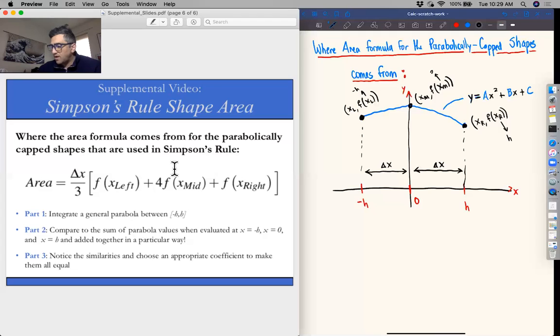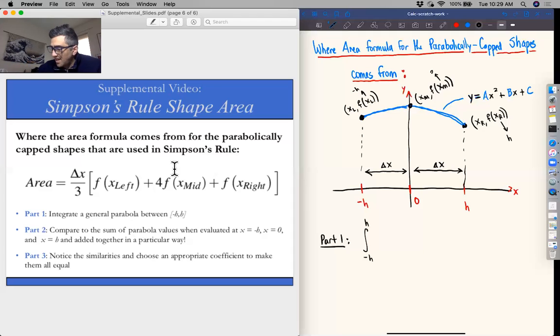So all this to say, what I want us to focus on first is we have a parabola that touches these 3 points. Let's compute the area of that parabola. Or sorry, the area under the curve of that parabola. So part 1. If we're finding the area under the curve of that parabola, well, that's the definite integral between minus h and h here, the leftmost point to the rightmost point.